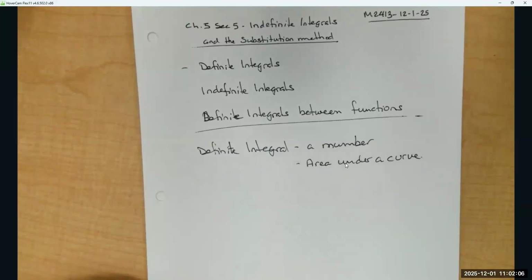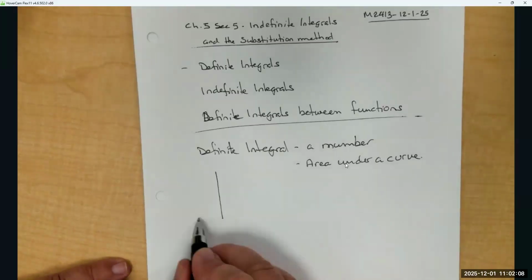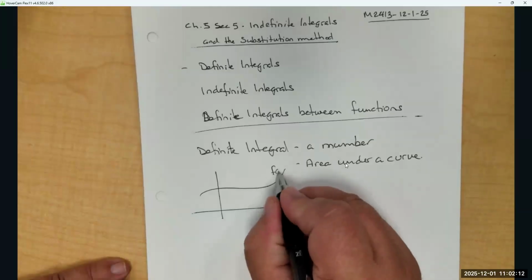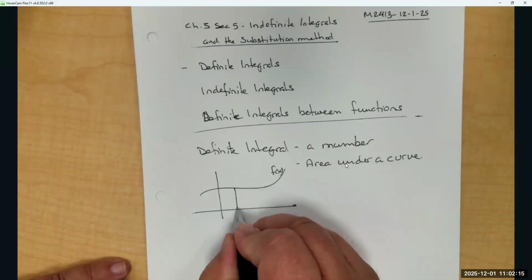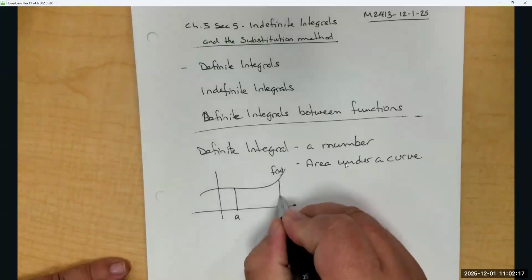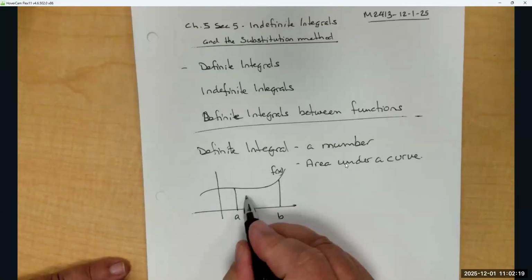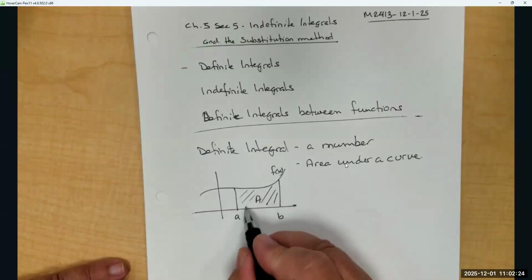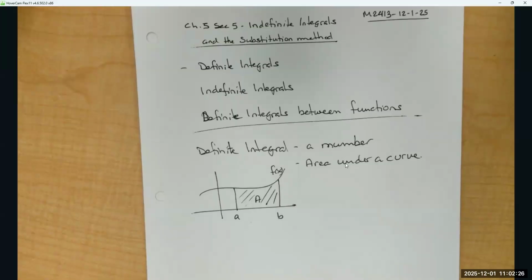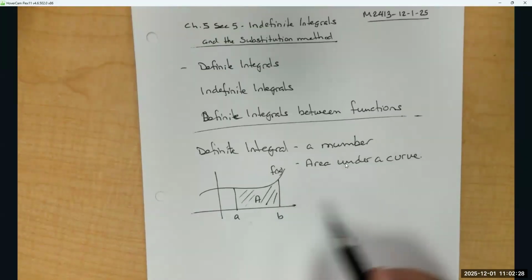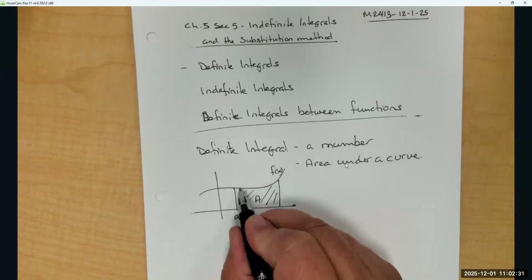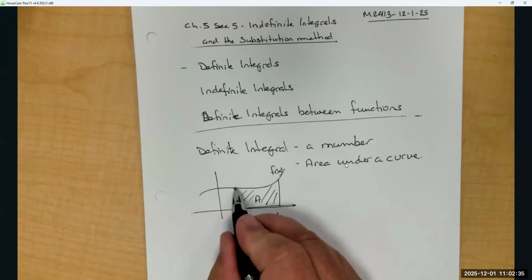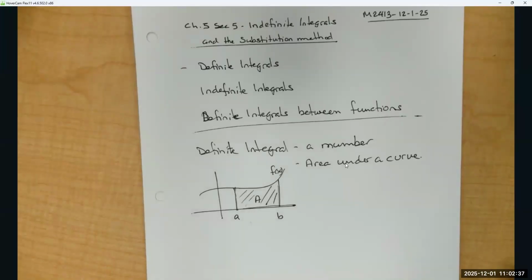Actually, there's more to it than that. Because if you think about it, if there's our function f of x, and if this is our area, a definite integral is the area under this curve, f of x, above the x-axis and between the lower and upper bounds.